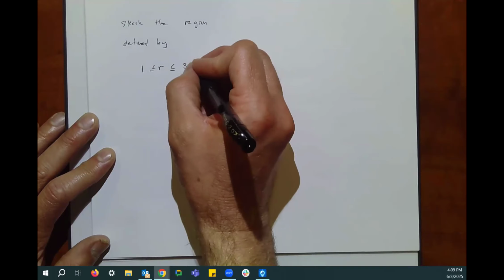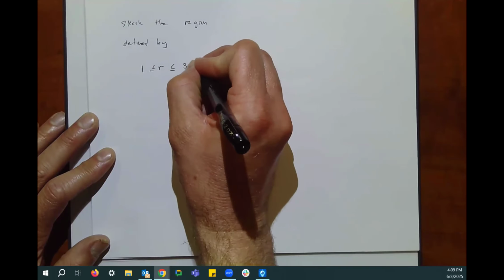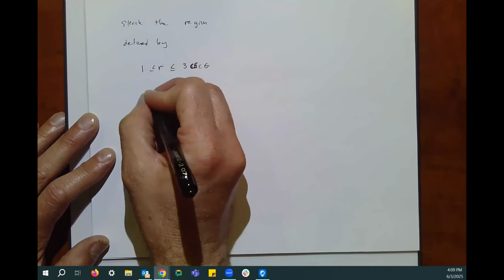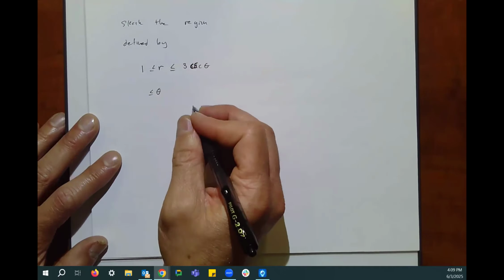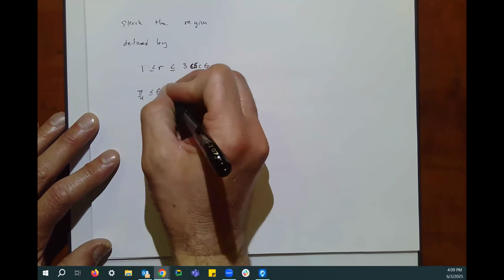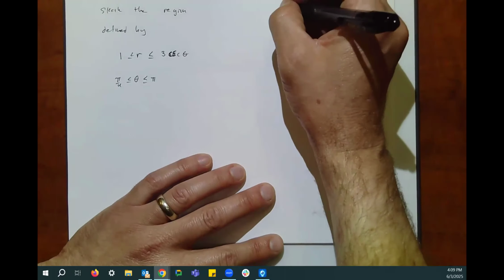Sorry, not secant, I wanted cosecant, apologies. And theta going from, let's say, pi over 4 to pi. This might look really weird, so let's graph it.